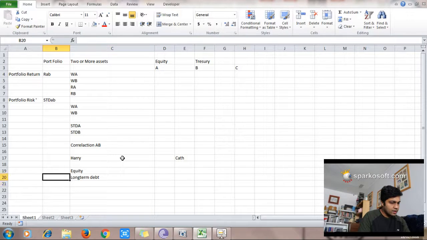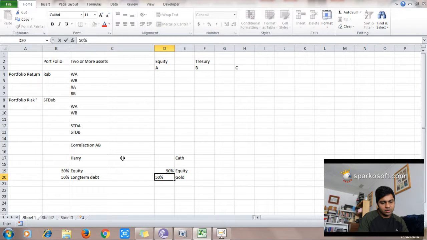So he puts 50% in equity and 50% in long-term debt, while Catherine is investing in equity but she's also investing in gold. So she's putting 50% of her money in equity and 50% in gold.